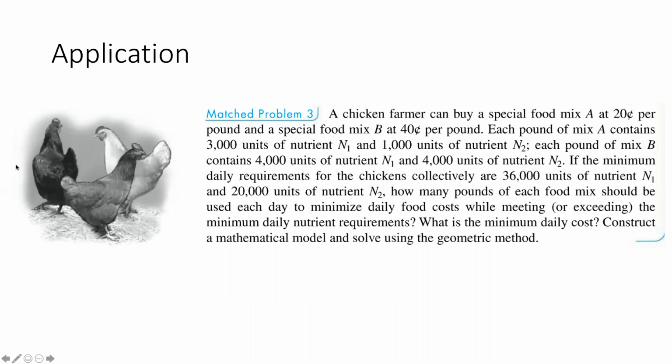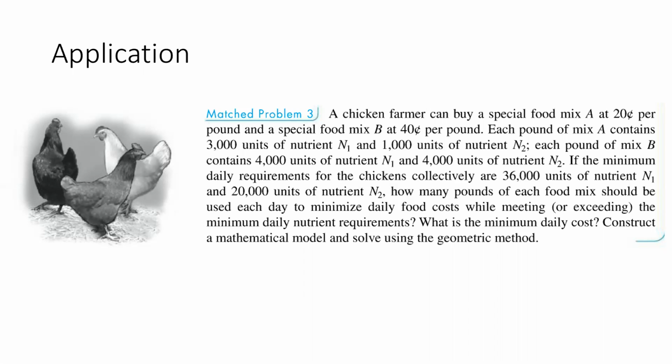So in this problem, a chicken farmer can buy a special food mix, mix A, at 20 cents per pound, and a special food mix, B, at 40 cents per pound. Each pound of mix A contains 3,000 units of nutrient N1 and 1,000 units of nutrient N2.